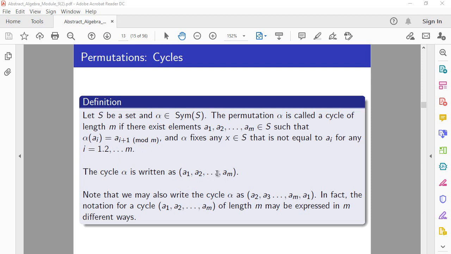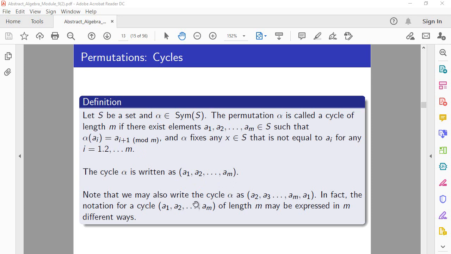Alpha applied to a(m-1) is equal to am, and then alpha applied to am is equal to a1. So at the end we have this wraparound, which is indicated by this mod m. That is, when i is m, then you have m plus 1, and m plus 1 mod m is 1. So that's why this mod m is written in the index. So when alpha is applied to am, we get a1.